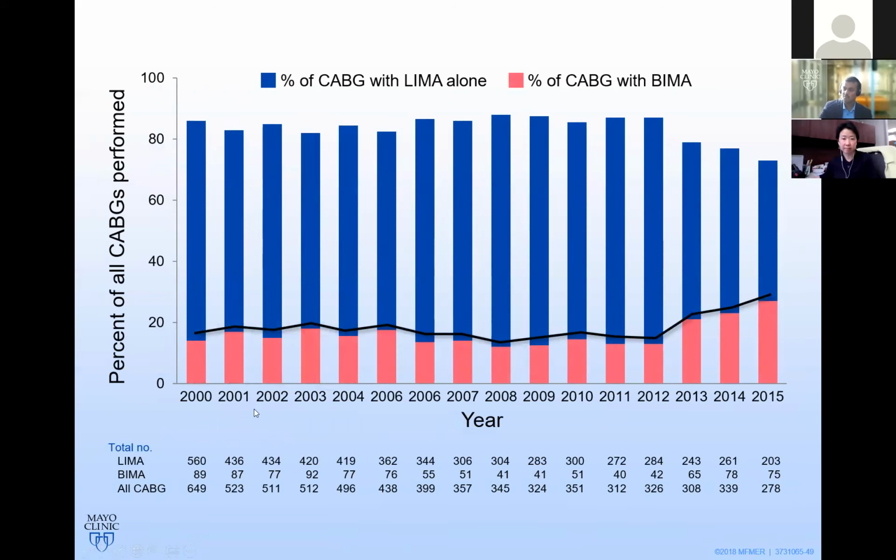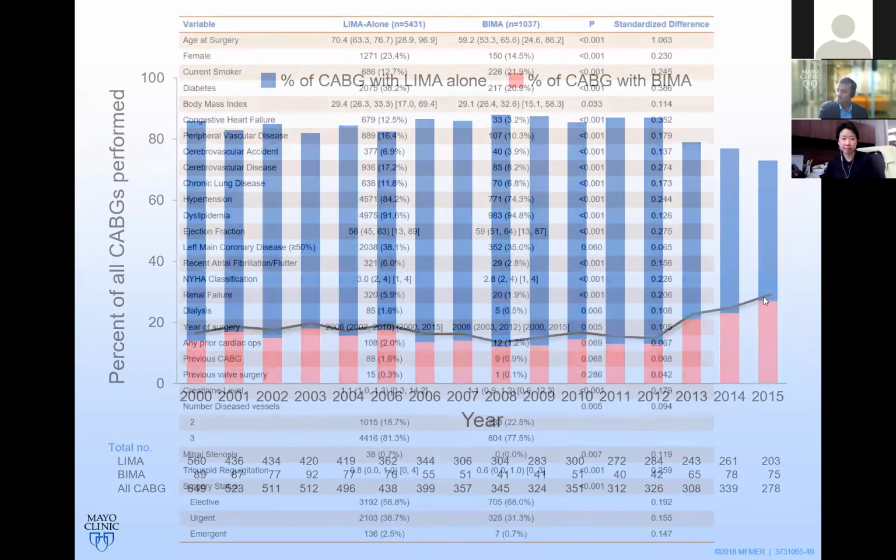In our own experience, since 2000, around 10 or 12% of our CABGs have used bilateral internal mammary arteries. Since 2012, when we published our multi-arterial paper, the usage of bilateral internal mammary arteries has increased to around 30% as of 2015.